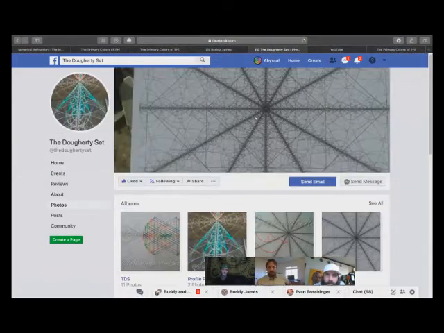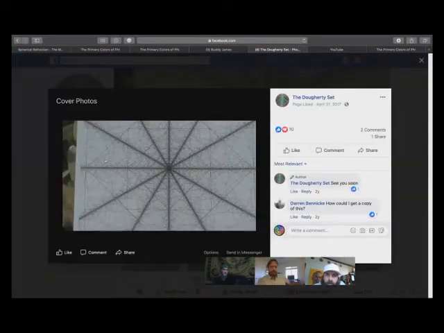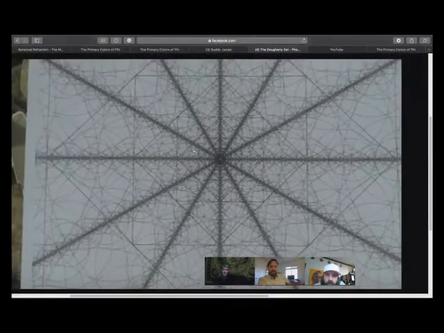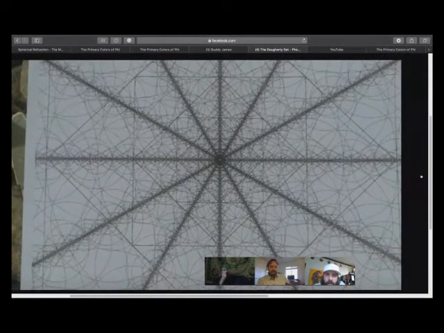But from what I've noted, you've got kind of a harmonic series here, a set of waves, and you're taking the doubling sequence from each of these waves and seeing where it overlaps with each other. I would like you to talk about that, and I would like you to say, hey, why did you name it the Doherty set? And then please speak to the laws of this set.